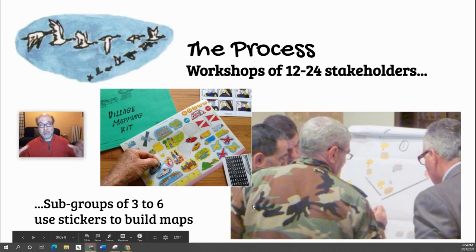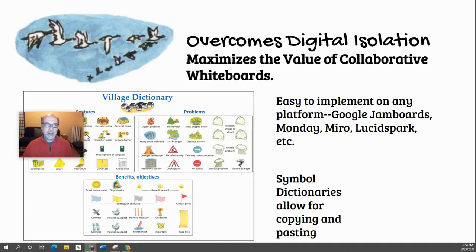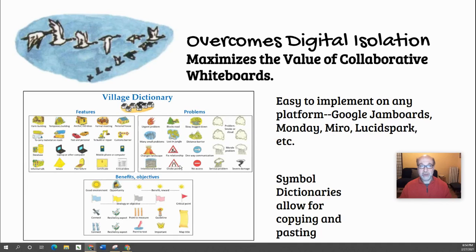That larger group is broken down into subgroups of 3 to 6, and each group will build the same map, obviously with different input because there are different members in the group, and then those maps will be combined, and there will be a feedback session, and then there will be a second set of maps that are developed. And that's a longer process than this video can discuss. Here's an example of the symbol dictionary for the village dictionary.